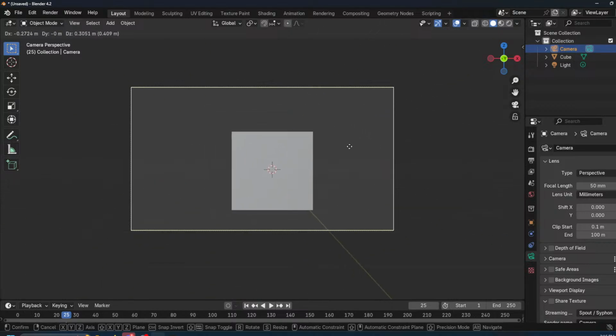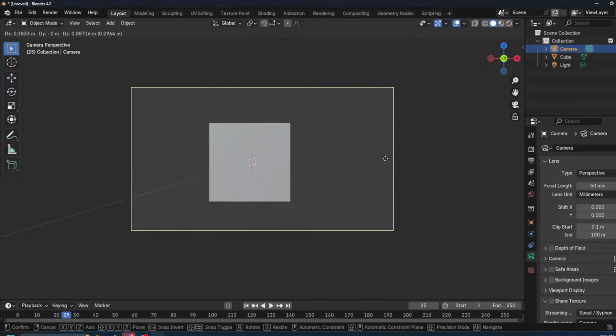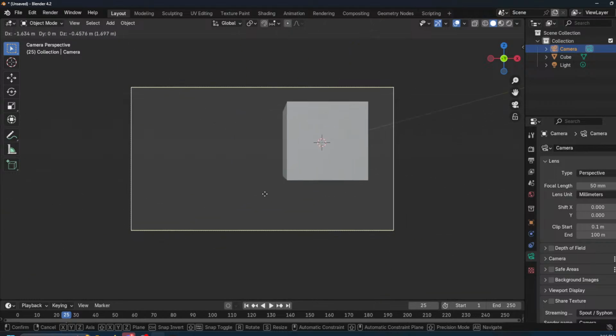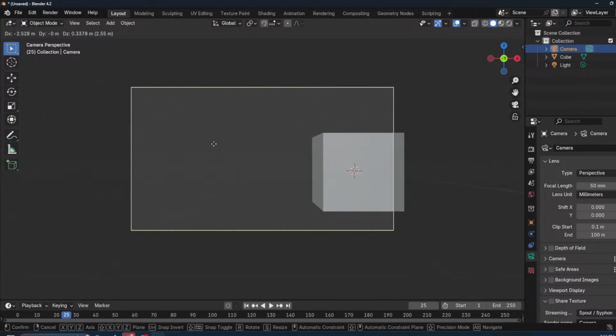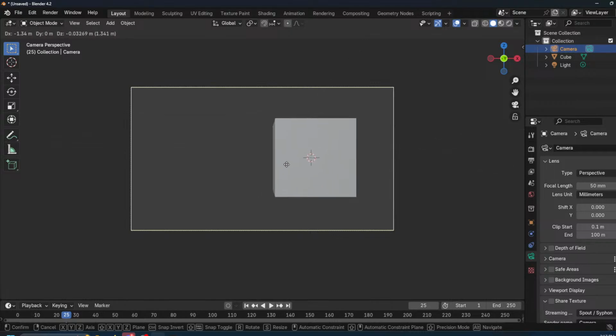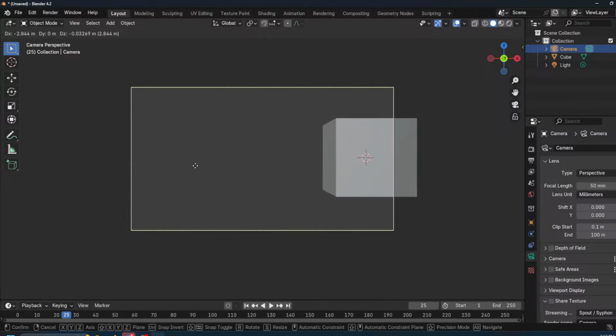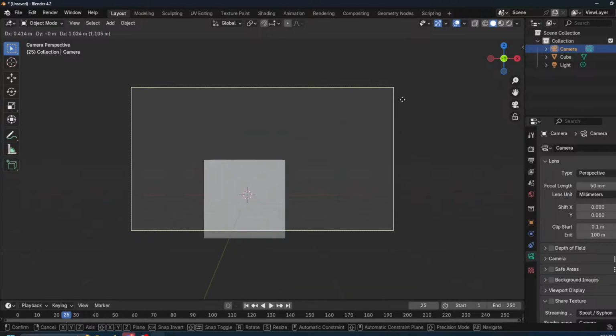That's because it's in the plane of the camera. So even though the vanishing point in the distance is moving around the center of the camera, the square is still square. But as soon as I move the center of the camera past that point where the wall is, you can start to see the edge of the wall.